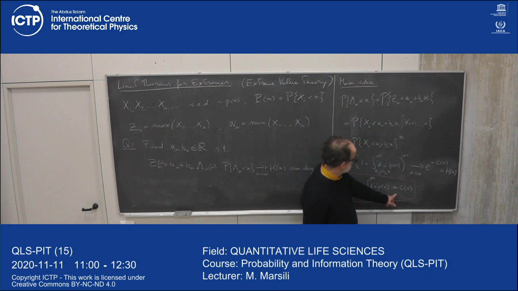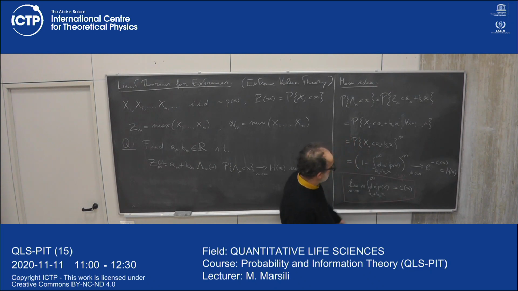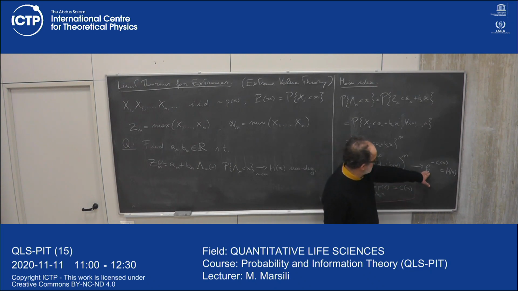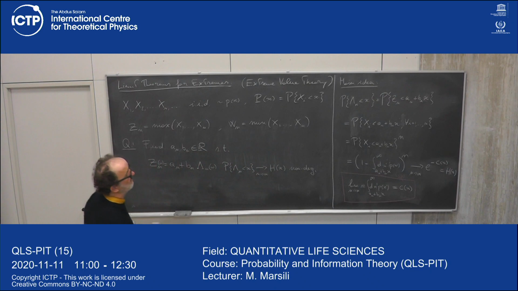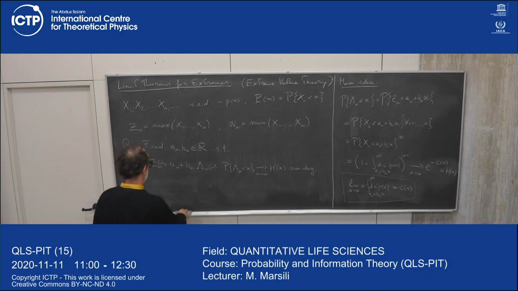So I should compute this function C of x, find an and bn such that this function is finite, and then I take e to the minus C of x, and I get the cumulative distribution. Okay. So this is essentially the main idea.